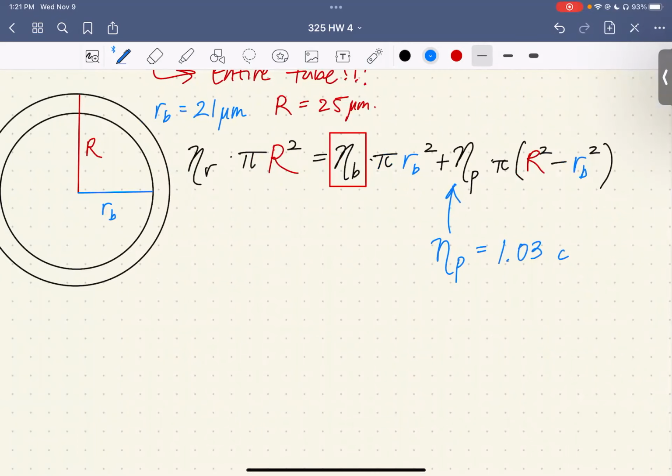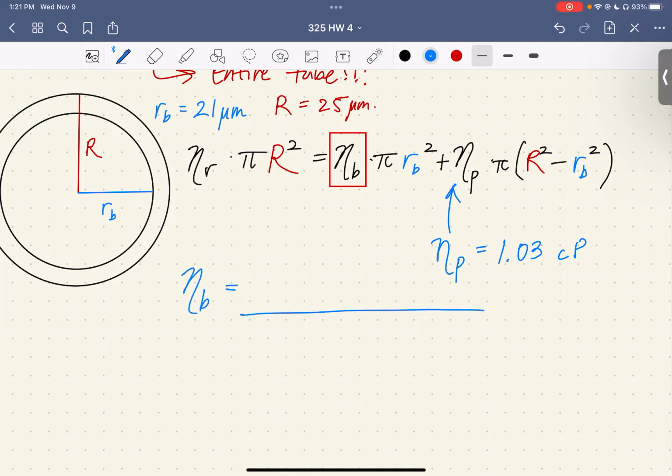And the essential thing also is just knowing what we do know. Yeah, we know this, this, this, this, this and this. And all we're doing now is solving for, or sorry, not RB, we're solving for the viscosity of blood, right?